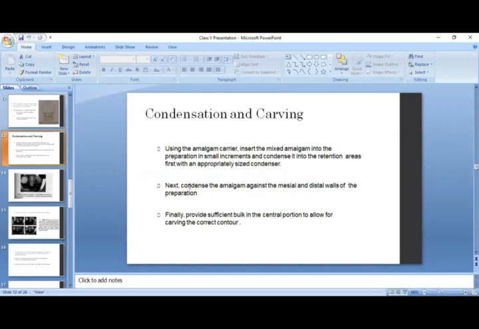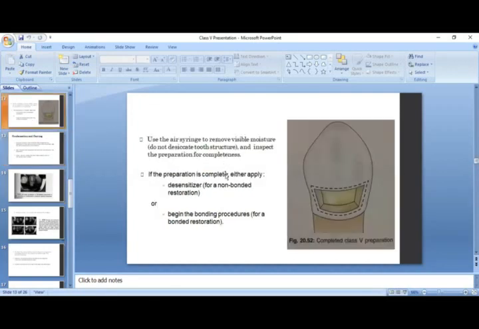Right. Next, condense the amalgam against the mesial and the distal walls of the preparation. What is basically the mesial and distal walls? For example, we are using the condenser and we are placing that restorative material against the mesial and the distal walls. Mesial and distal wall means that we are condensing against that wall. For example, this is mesial side and this is distal side, right?